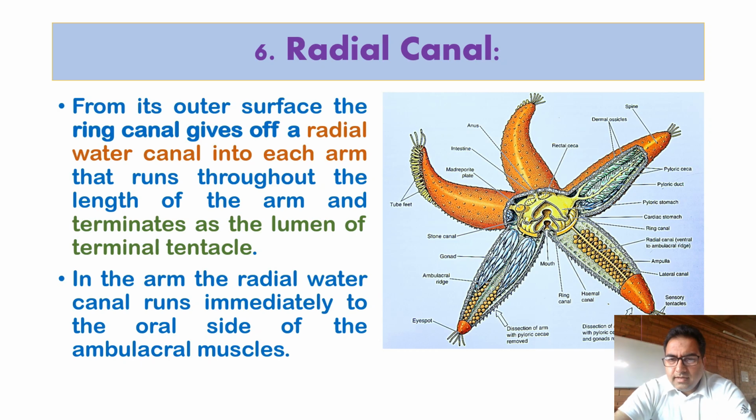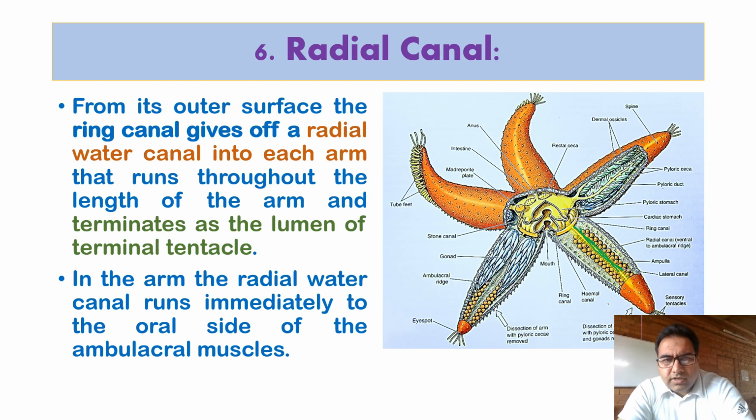Then comes the canal which emerges from the ring canal. It is the radial canal. I may be using the green pen. So this is the radial canal which is emerging from the ring canal.